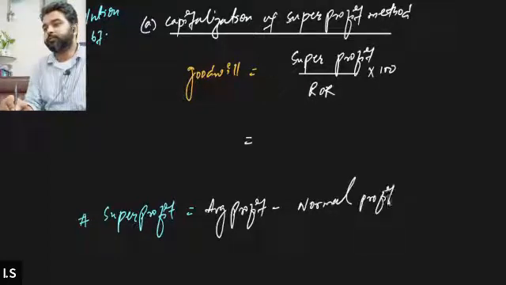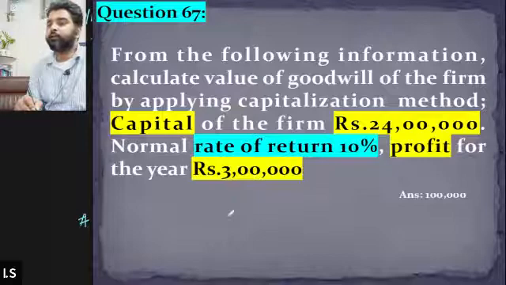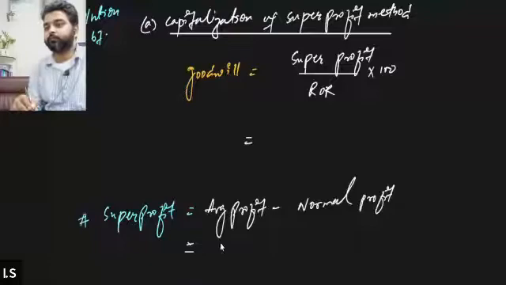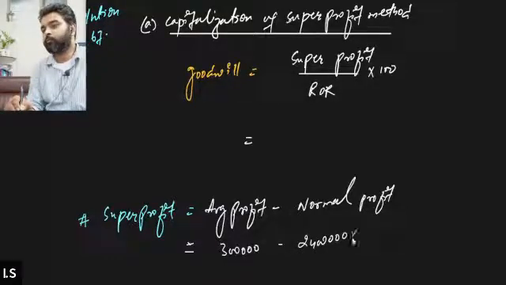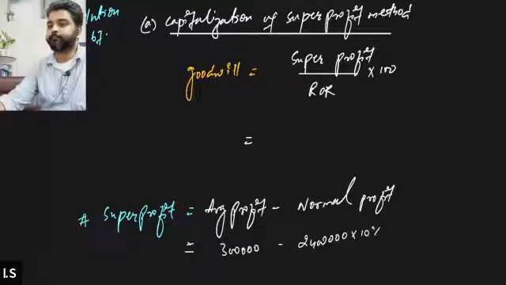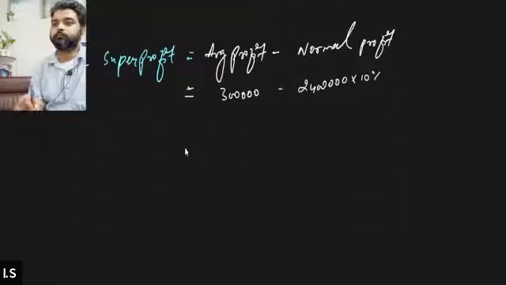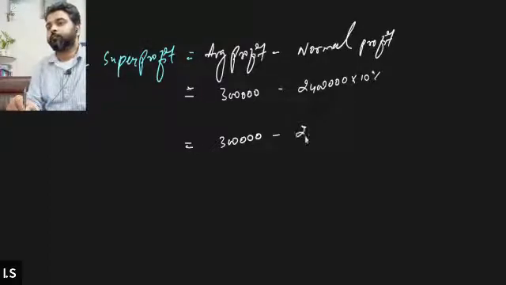Average profit of the firm is given as 3 lakh, and normal profit is 10% of 24 lakh, which is 2 lakh 40,000. So super profit is 60,000.